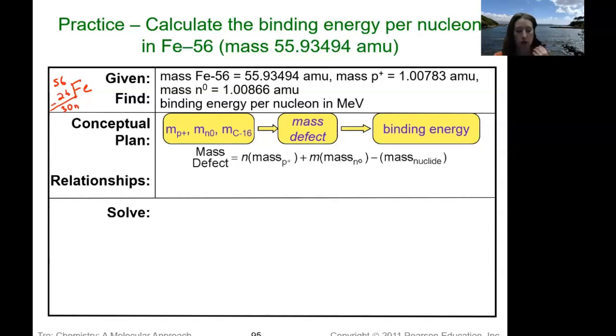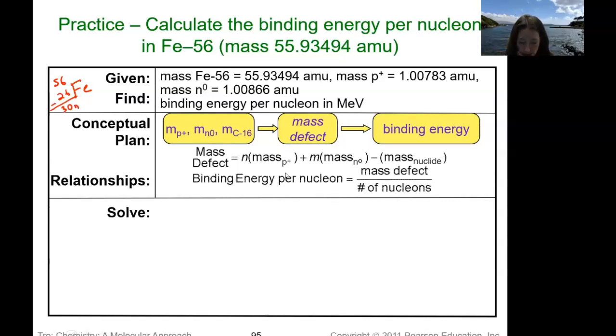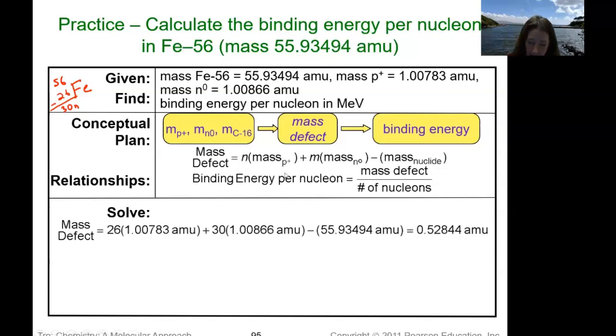So we've got 30 neutrons and 26 protons. Add those and then subtract. Here's our 26 protons, here's our 30 neutrons, and here's the mass of Fe-56, which was given in the problem.